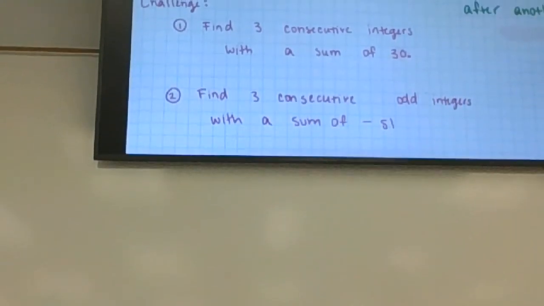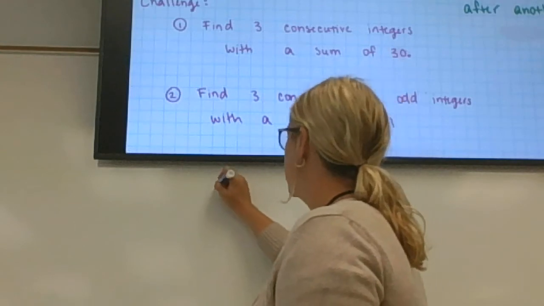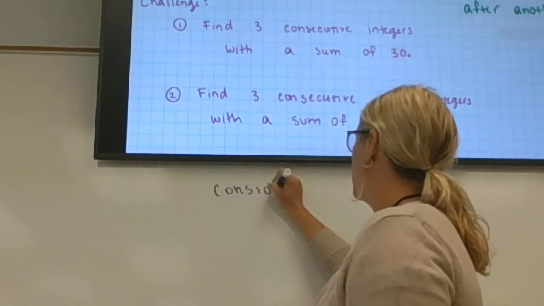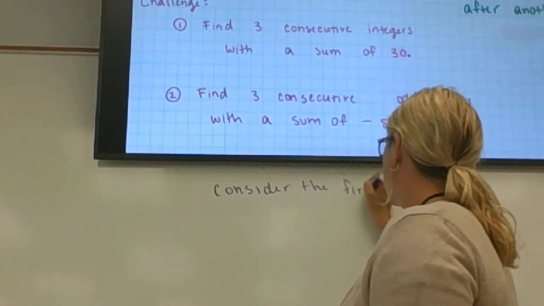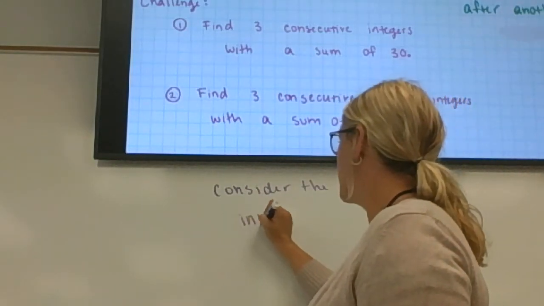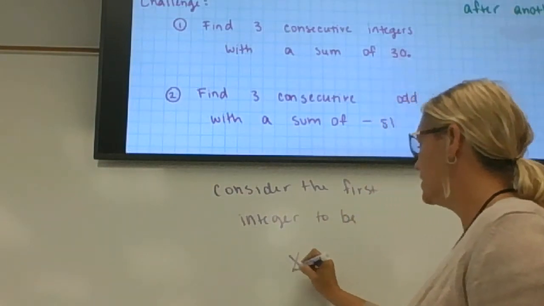So for consecutive integers, you want to think of the first number as x. Consider the first integer to be x.